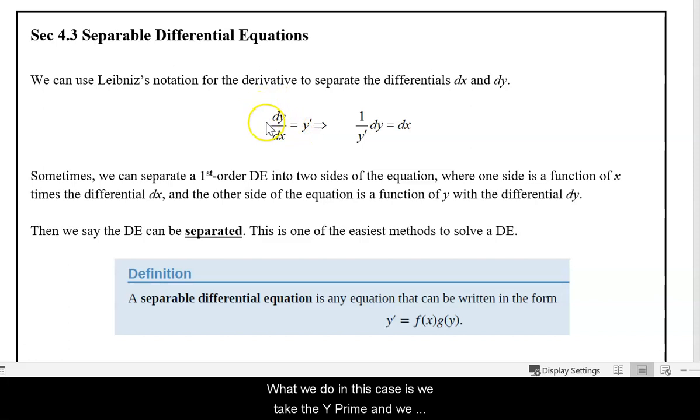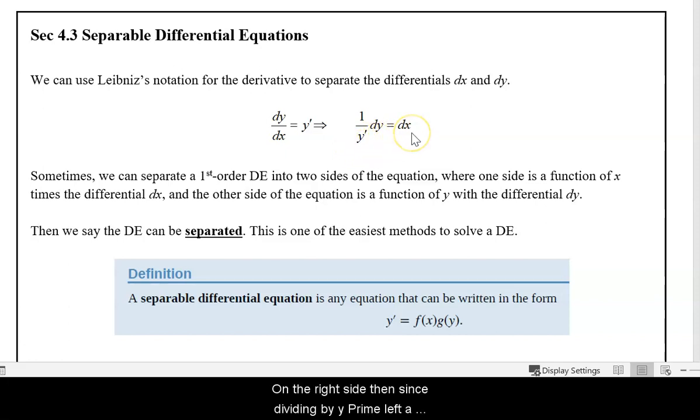What we do in this case is we take the y prime and we divide both sides of the equation by it to get 1 over y prime on the left. Then we separate the differential dy from the differential dx in the notation for the first derivative. We'll leave the dy differential on the left to accompany the derivative of y prime.